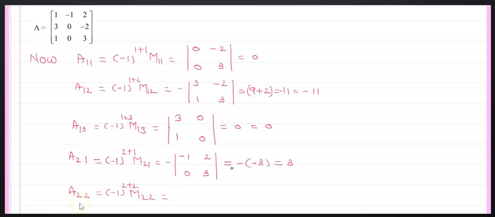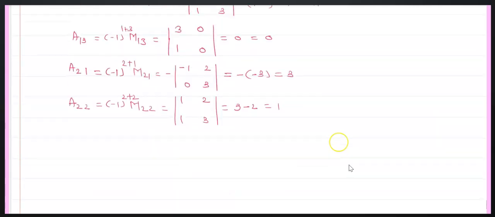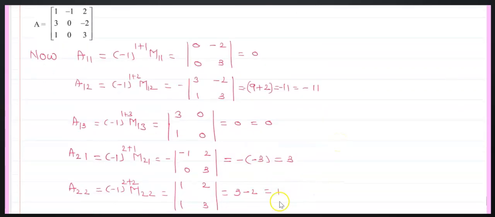Next is A22. Therefore, 1, 2, 1, 3. Solve this: 3 minus 2. Overall it is 1.